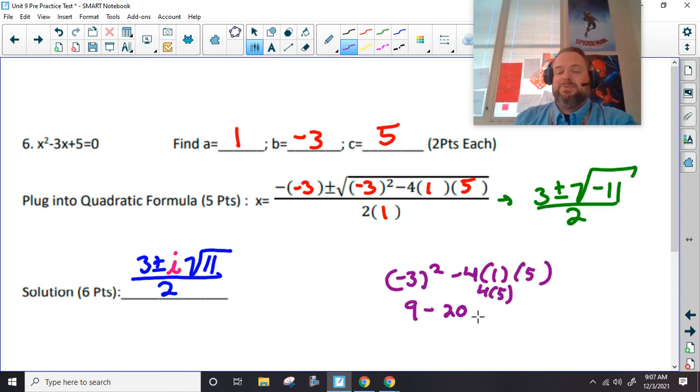And 9 minus 20 is -11. A square root is not 11 divided by itself. A square root is what two numbers, when you multiply them, give you that. 11 does not have a perfect square. That's why these calculators should be set so that if you type in the square root of 11, it says square root of 11 back.